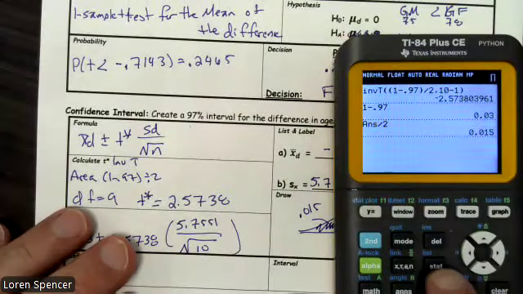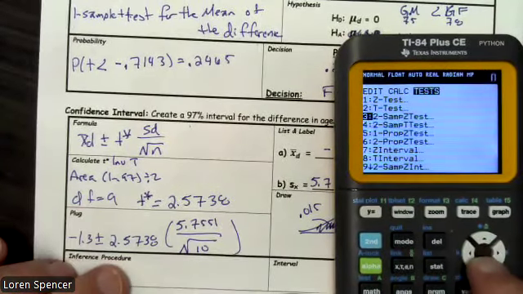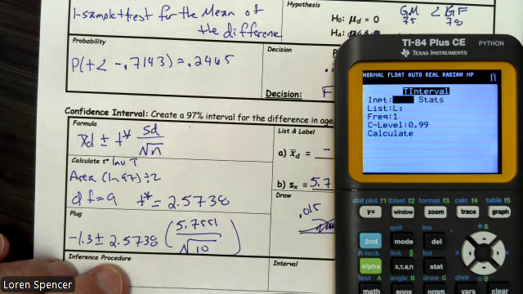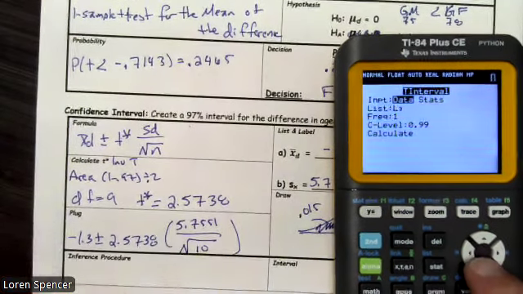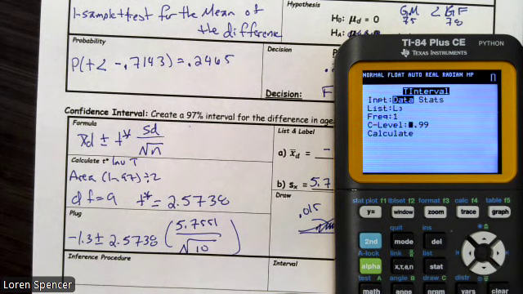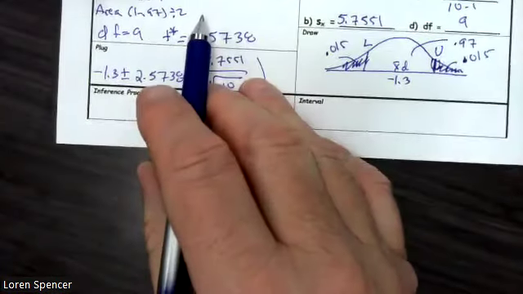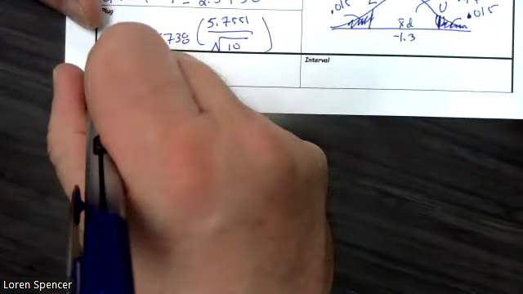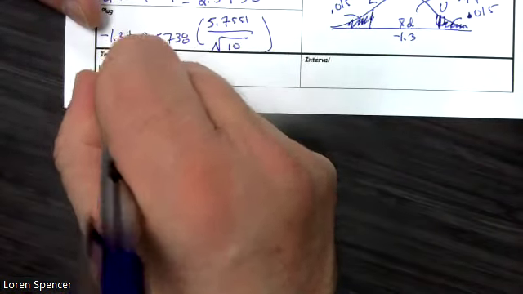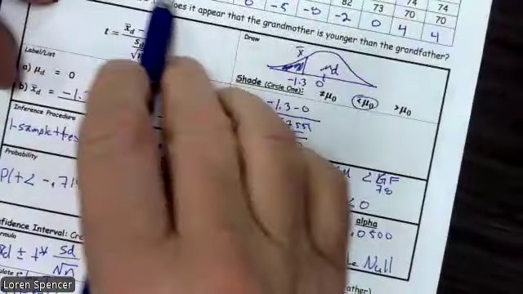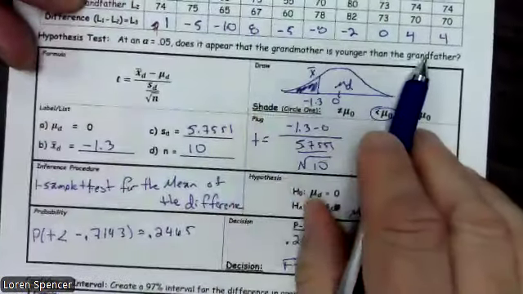All right, let's calculate that interval. Stat, test, T interval. L3, frequency, just 1. We want a confidence level of 0.97. Oh, I forgot to label this. I forgot to tell you what type of test it is. We only had one sample. You're like, but there were 3 lists, but there's only one sample of differences.